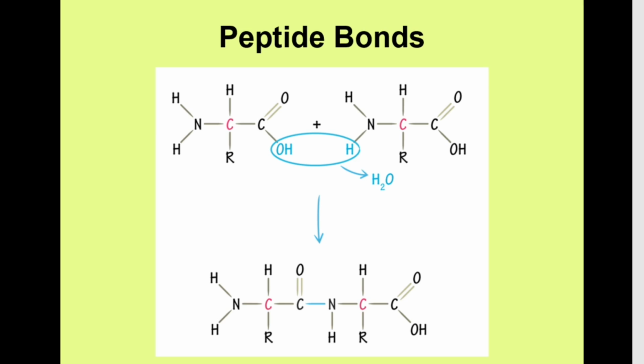So how did we join glucose and fructose together to make sucrose when we looked at carbohydrates? We used dehydration synthesis. Dehydration synthesis requires an enzyme, and it removes a molecule of water to join two monomers together.